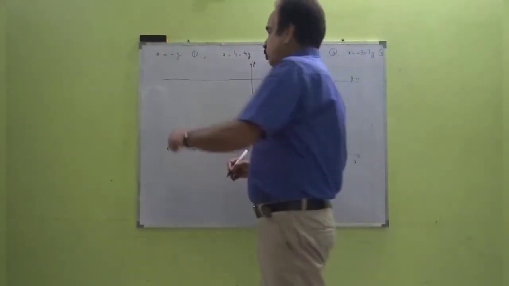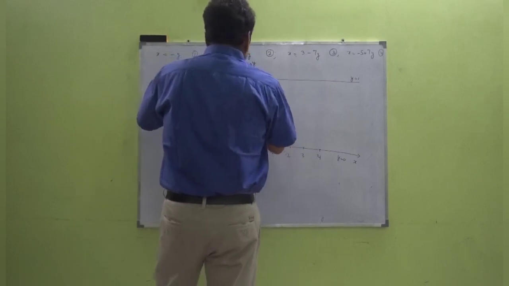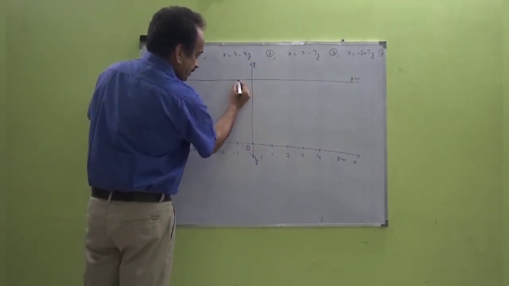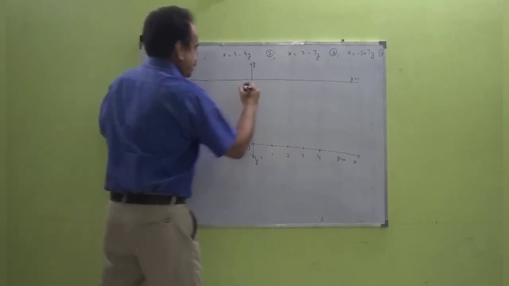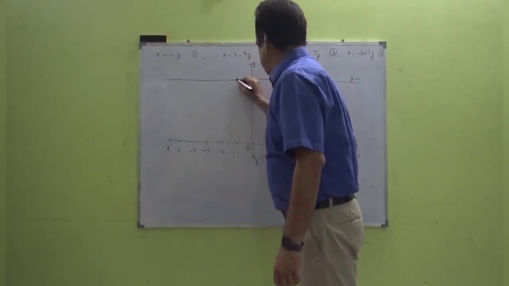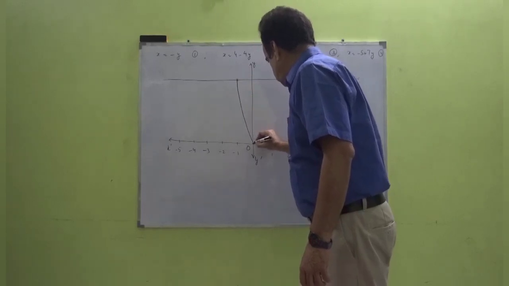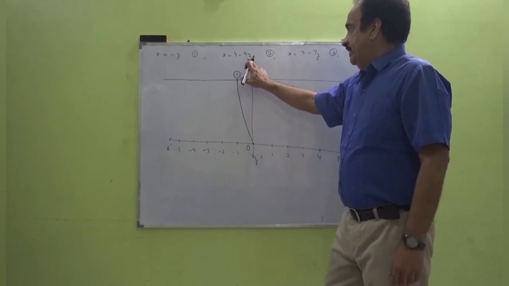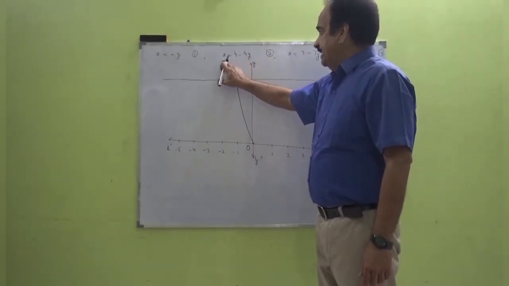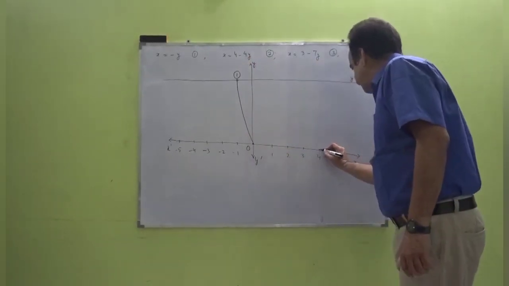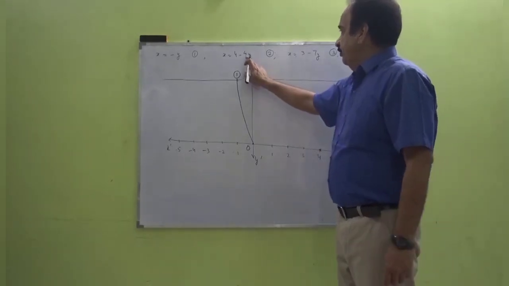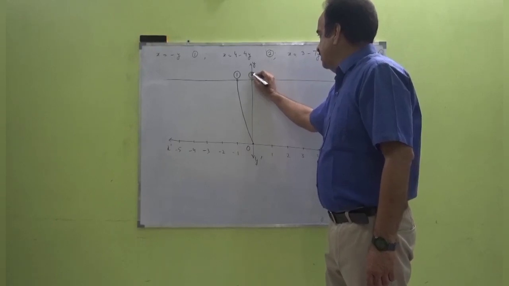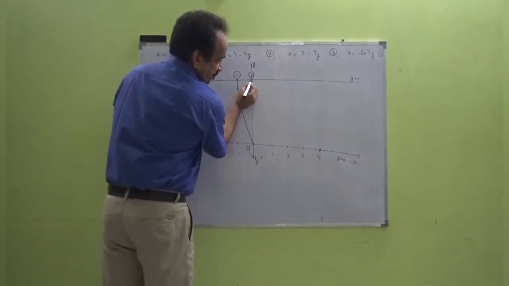When y is equal to 1, x will be equal to minus 1, so the point will be minus 1, 1. Let's join these two. So this is the first line here. For the second one, when y is 0, x is 4, so the first point will be here, and the second one is when y is 1, x will be 0. So this is our second line, and the line will be this one.